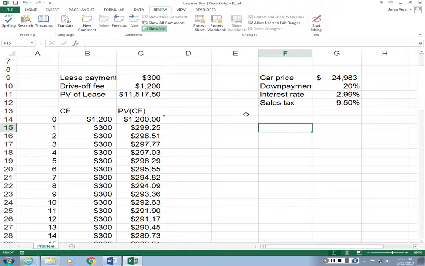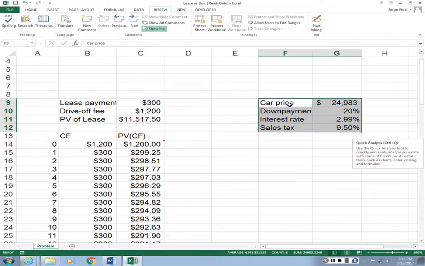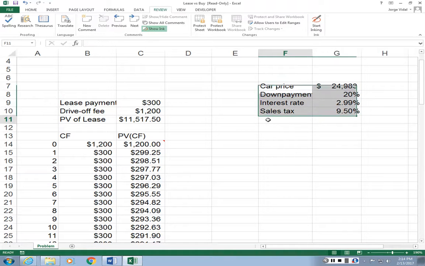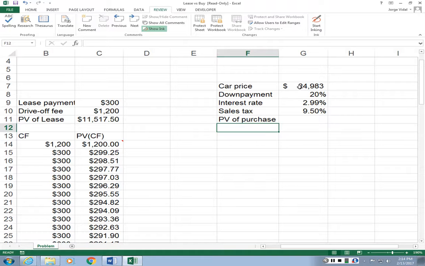So I can have this on the same row. I'm going to move this up a little bit, like that. So we can have here present value of buying, of purchase, I guess. And we said it's a $25,000 vehicle, so I'm going to replace that with 25,000.